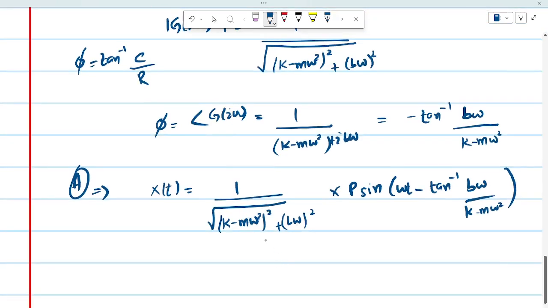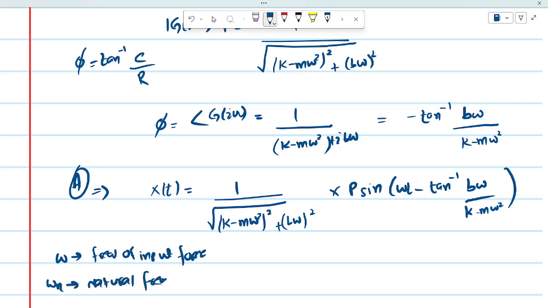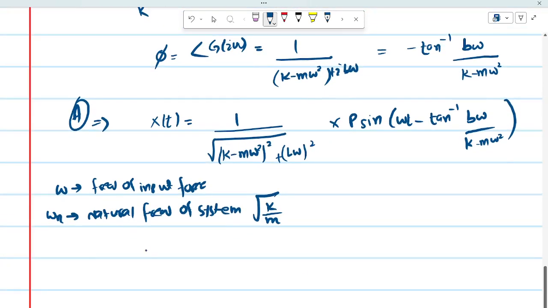Remember, this omega is the frequency of the input force, not the natural frequency of the system. The natural frequency of the system is equal to under root k over m. So we can simplify this.